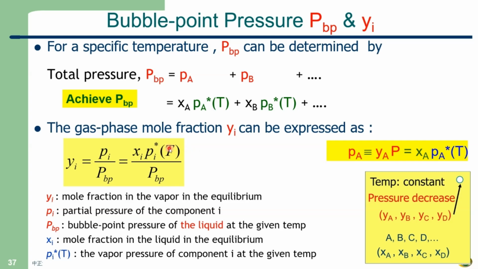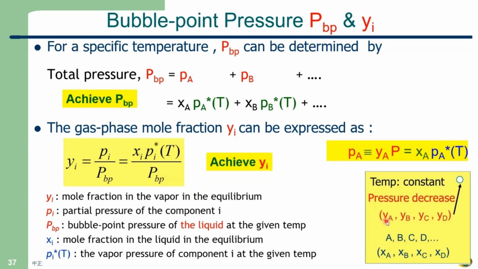You put T here, and you get this by equation, table or chart. And the bubble point pressure, you just get the answer from here. So you know this, so you will know this. Please practice this by yourself. So you achieve yi.